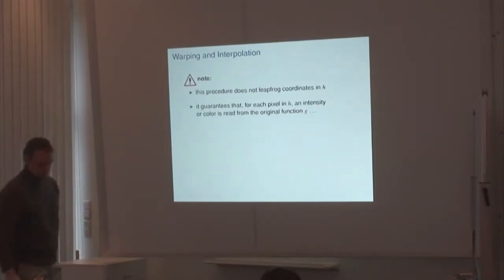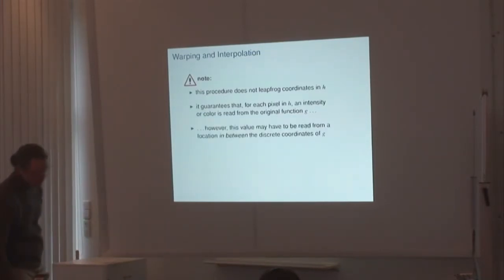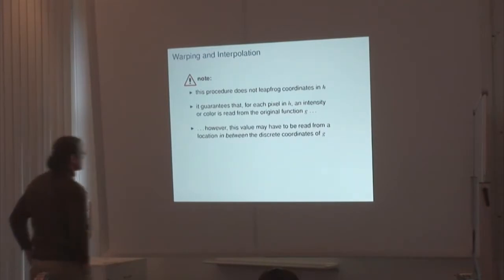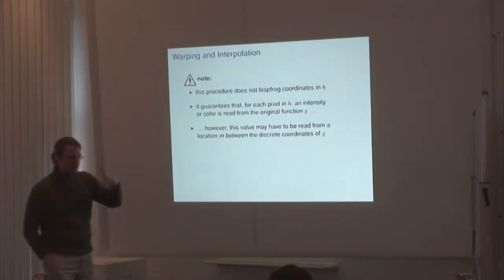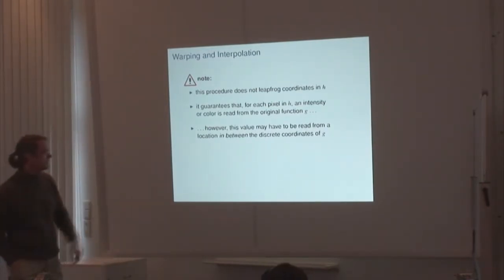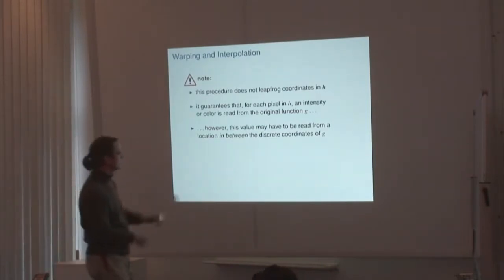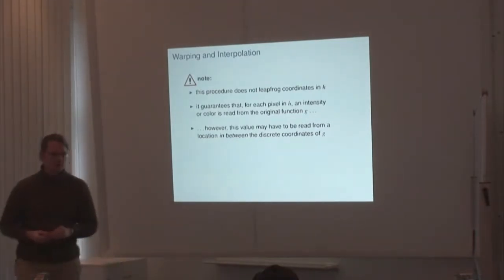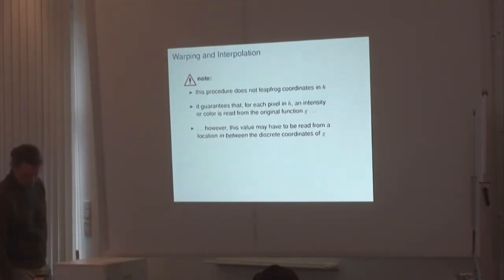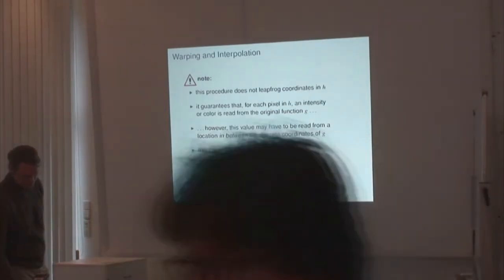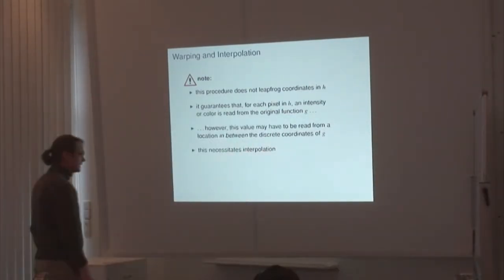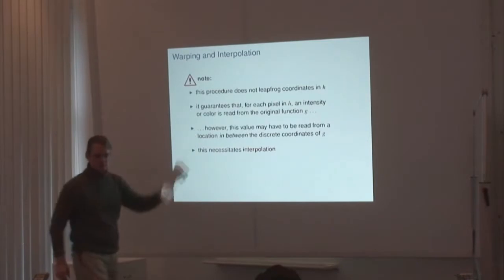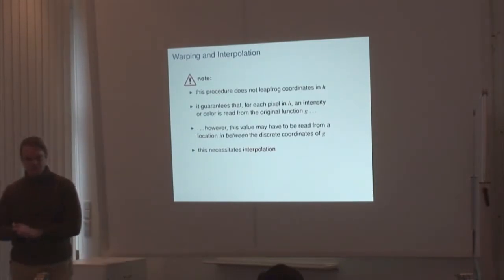It guarantees that we can do that. However, the value we have to set in the new image may have to be read from a location in between the given discrete coordinates of the original image G. And this is why we have to study interpolation today.